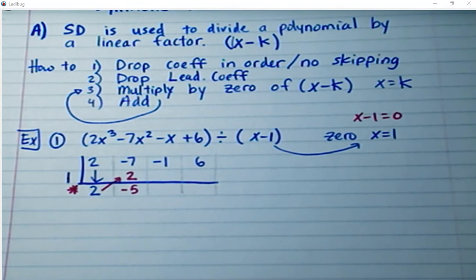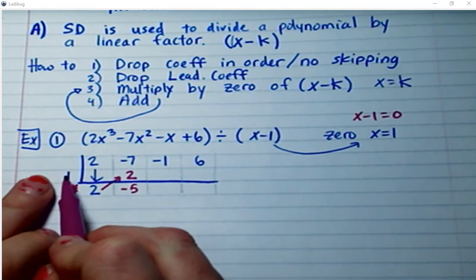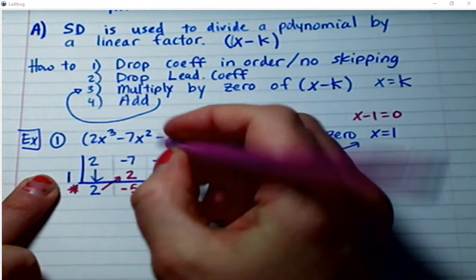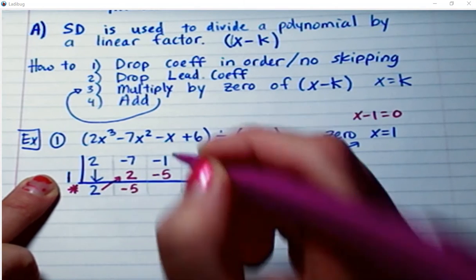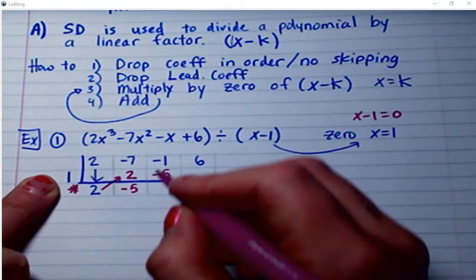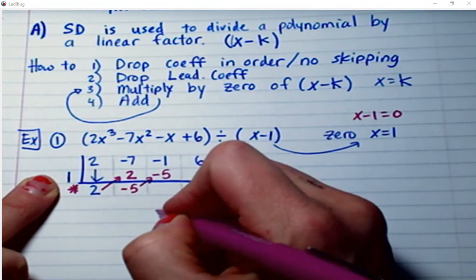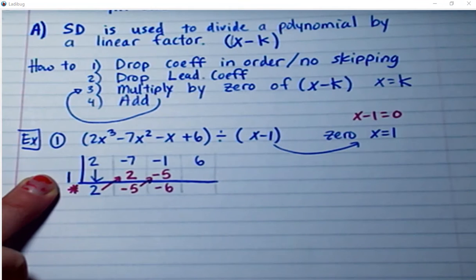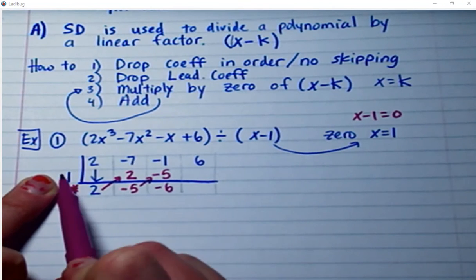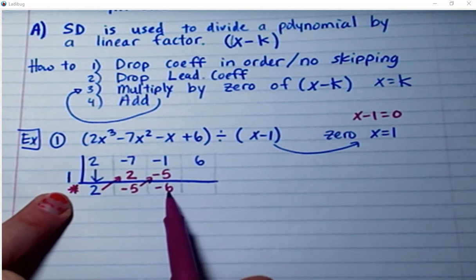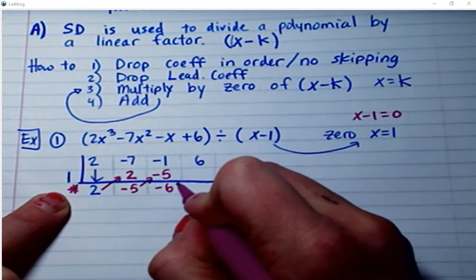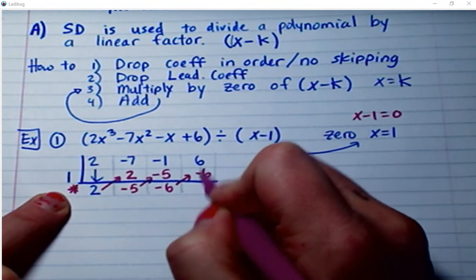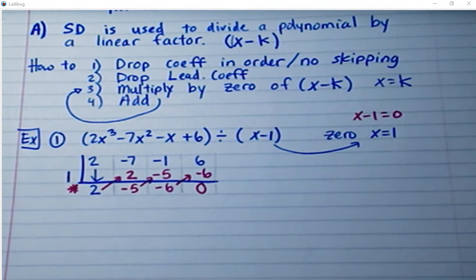Repeat. 1 times -5, add straight down. 1 times -6, add straight down.